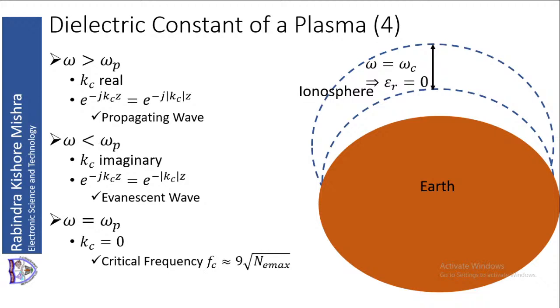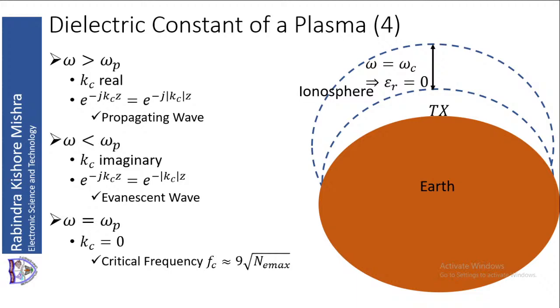When omega is equal to omega c, epsilon is equal to epsilon r, and at that point the reflection will occur from a height where Ne max is there. Ne max, or the density, is the maximum, and that height is also called the virtual height.